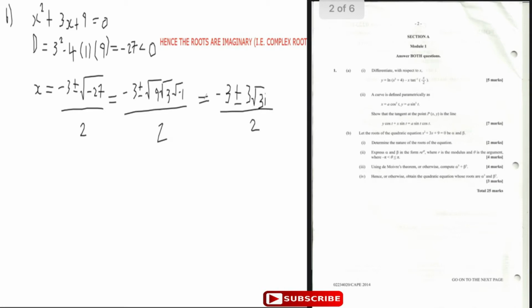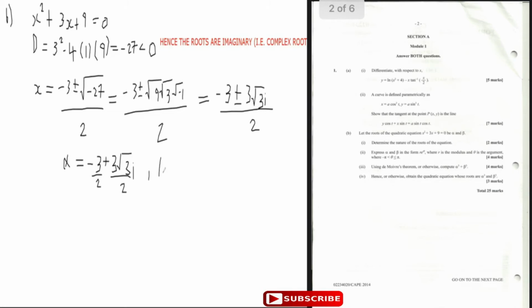So, of course, you can call one of the roots alpha. Maybe alpha is equal to minus 3 plus 3 root 3i. And remember, both of them are divided by 2, so it's minus 3 over 2 plus 3 root 3 over 2 i. That's alpha.